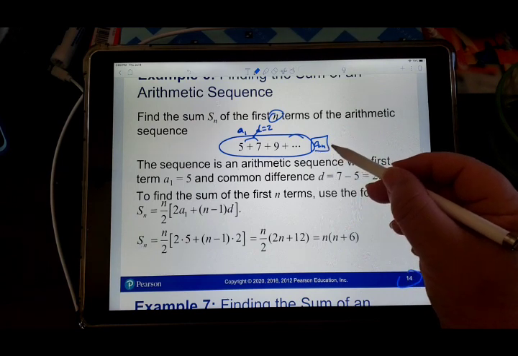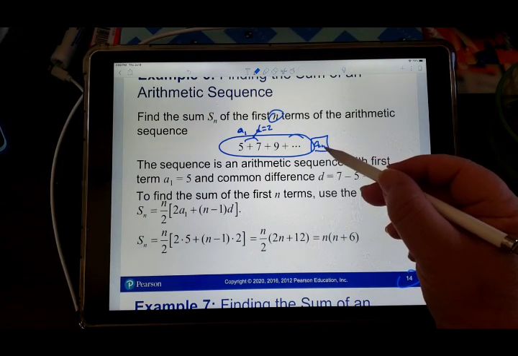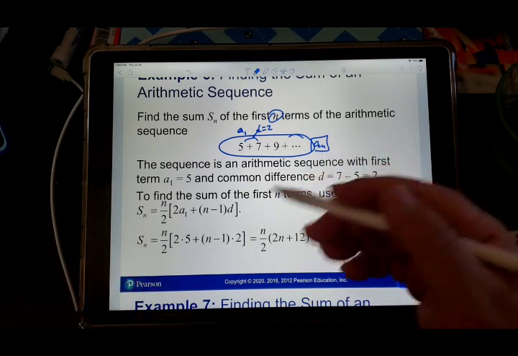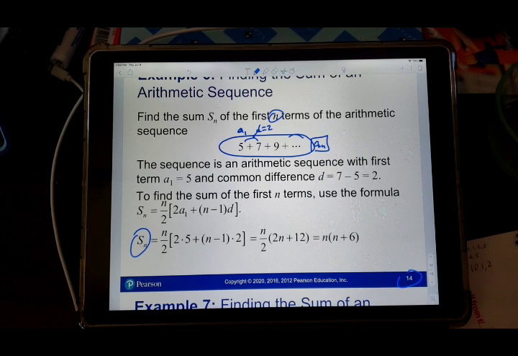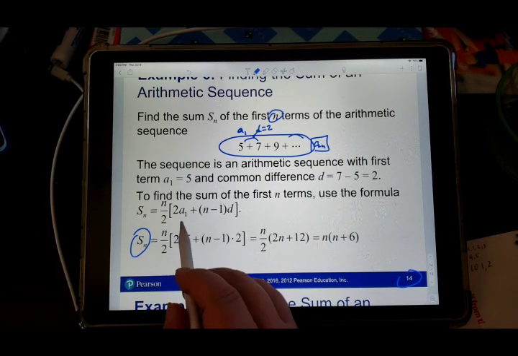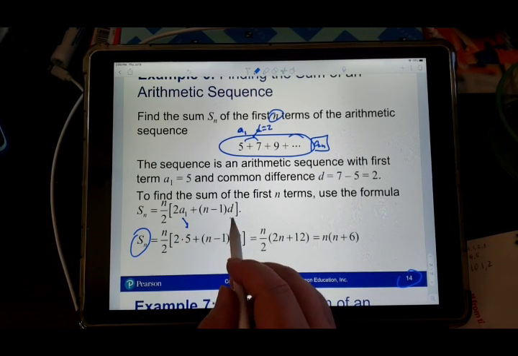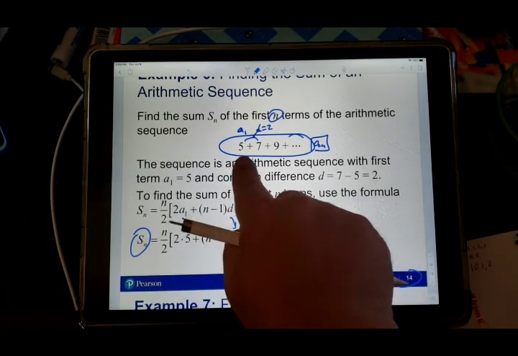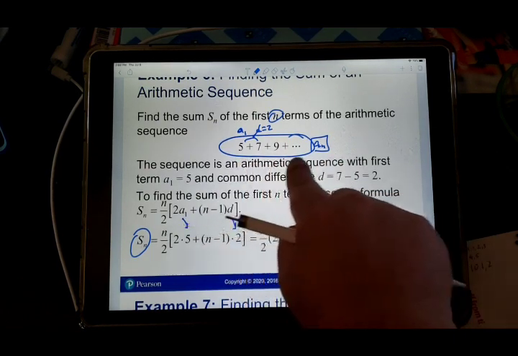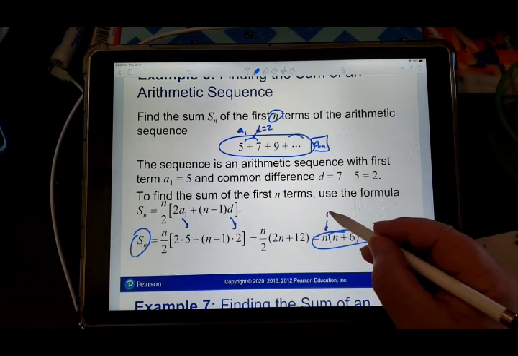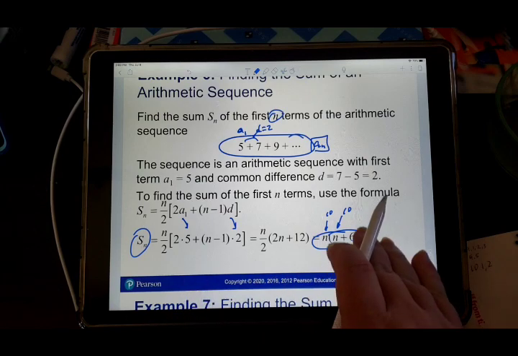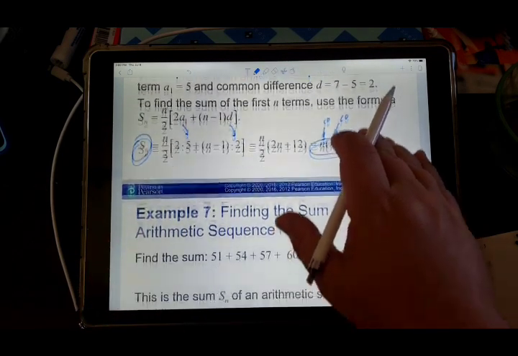It's not a number in this case. So they're just asking us to find a formula for s sub n, and they're choosing this formula because they know a sub 1, they know d, and we get a formula for it. So if you wanted to find the sum of the first 10 terms of the sequence, you'd plug a 10 in to this equation. And that's a good use of the formula.